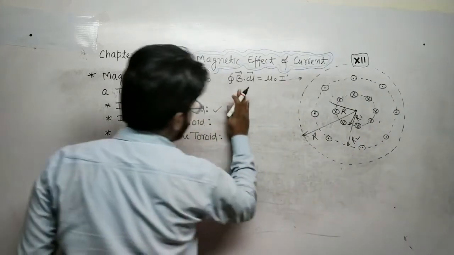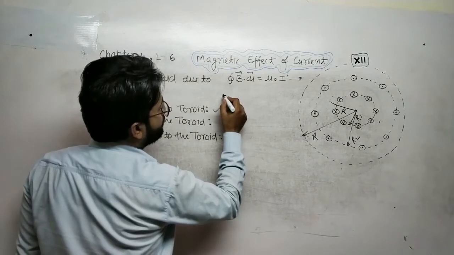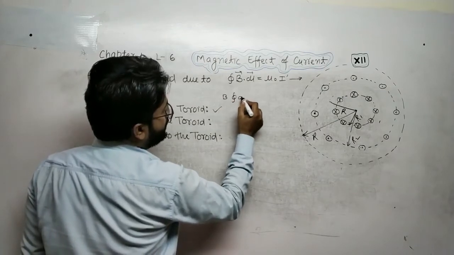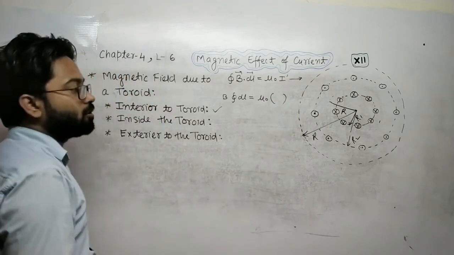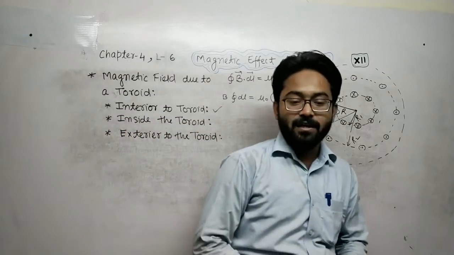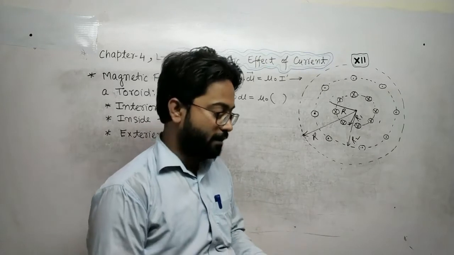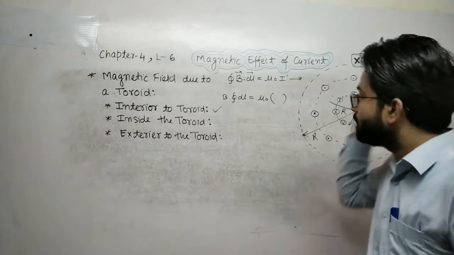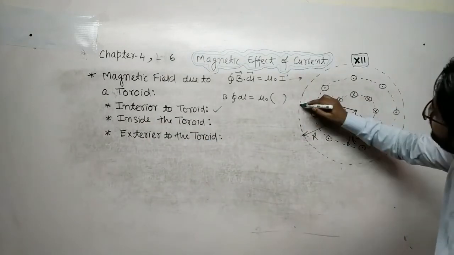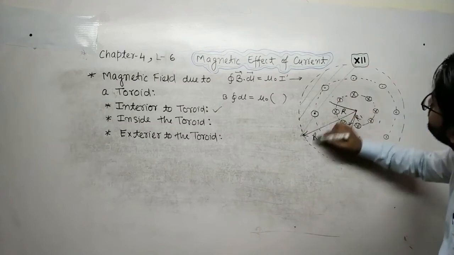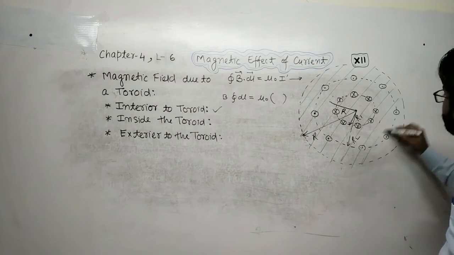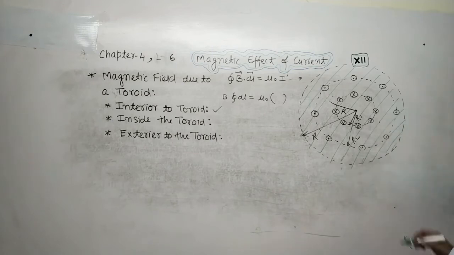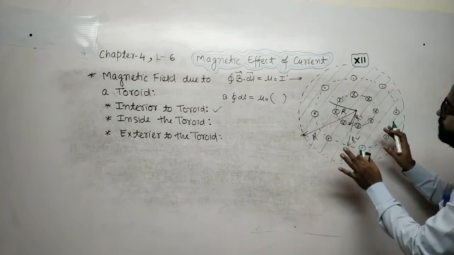Just apply Ampere's circuital law. B integration dl is equal to mu naught times net current. What is net current? Net current threading that area. What area? That whole area, this area. Okay, whole area.